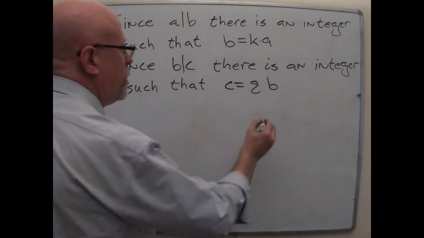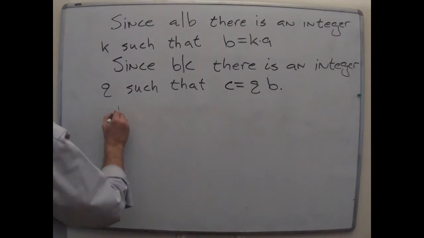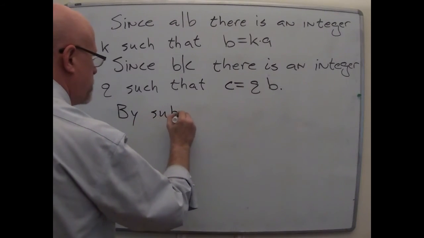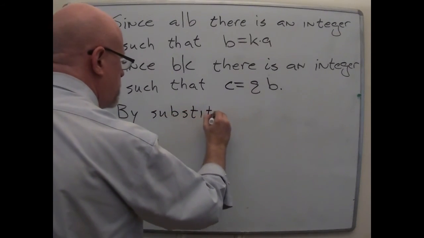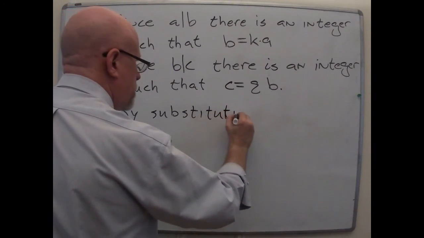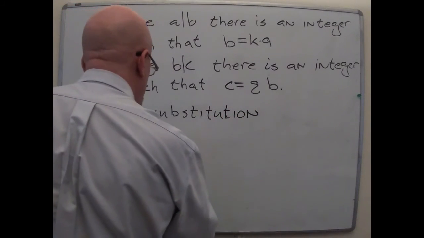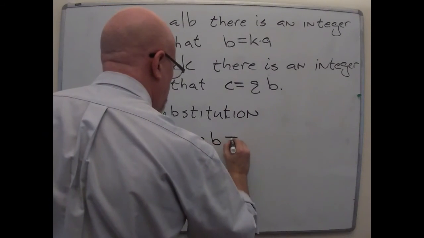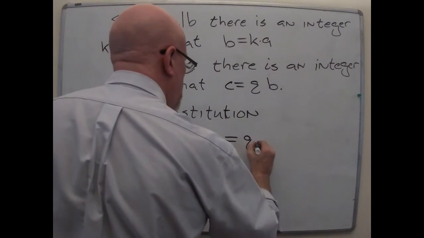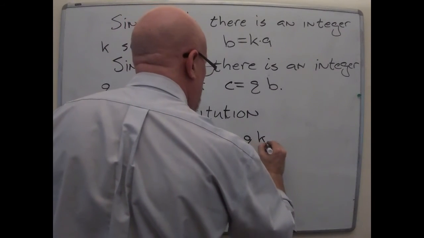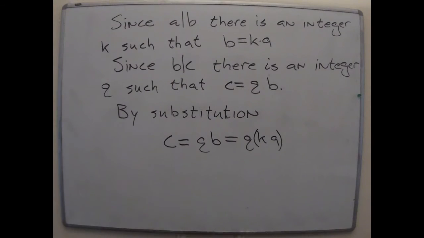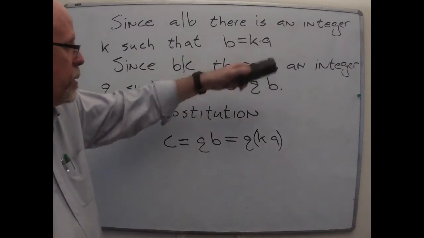Okay, so what we're going to do is make a substitution. C is equal to QB, so it's equal to Q times Ka. I'm just replacing the B with what we know it's equal to.